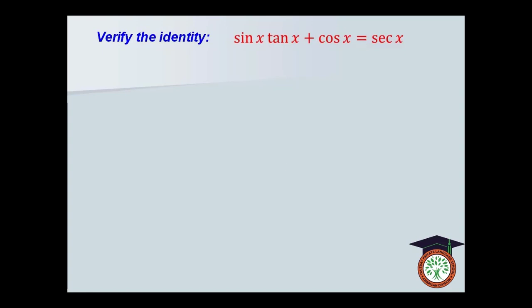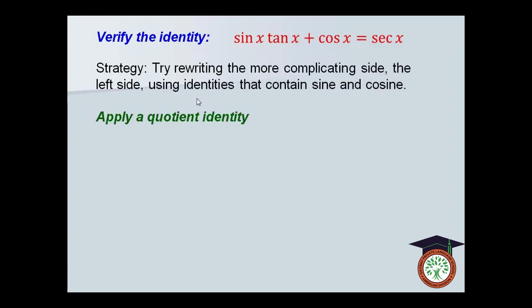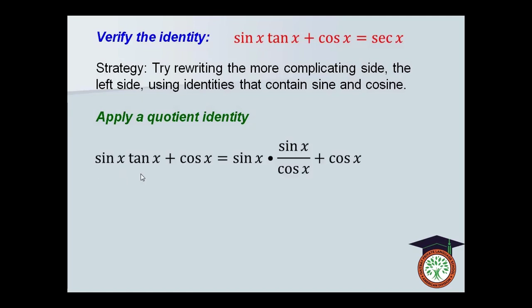Another example: prove that sine x tan x plus cosine x equals sec x. Who can tell me which part I will start with? Very good, I will start with the left side because it's more complicated. Sine x tan x plus cosine x. I can replace tan x with sine over cosine, and I write sine x as it is and cosine x as it is.